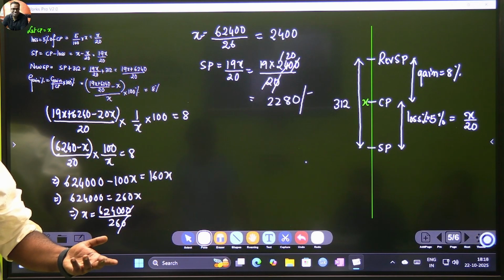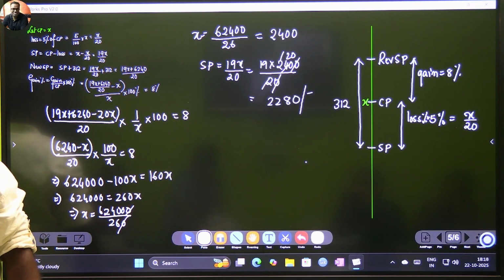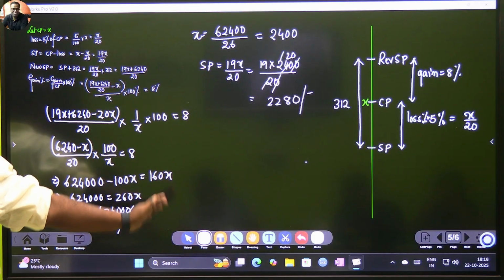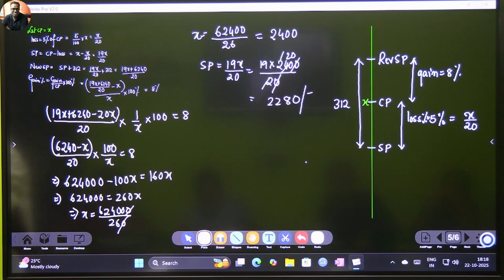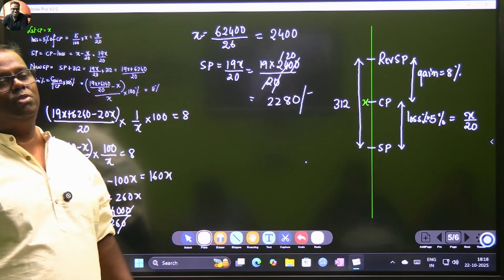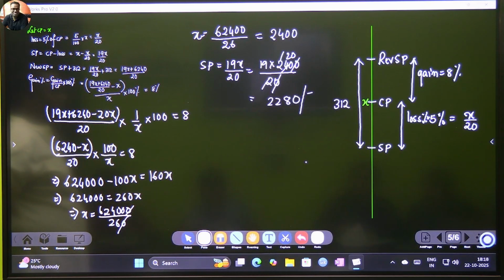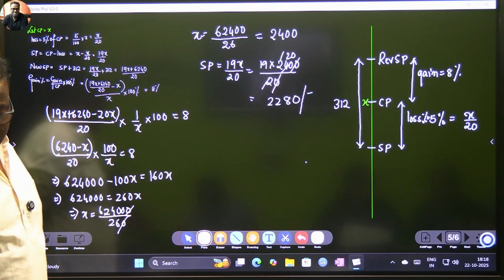Has she improved her performance over the first term? We don't know because the first term score has not been told. So the first term score is always your cost price. You can either improve on that or go down from that. All of you have understood this. So always remember, whether you are doing loss or gain, it's always a change, and the change is always compared over the CP. I don't know why from my mouth it came out SP. I'm getting fatigue.